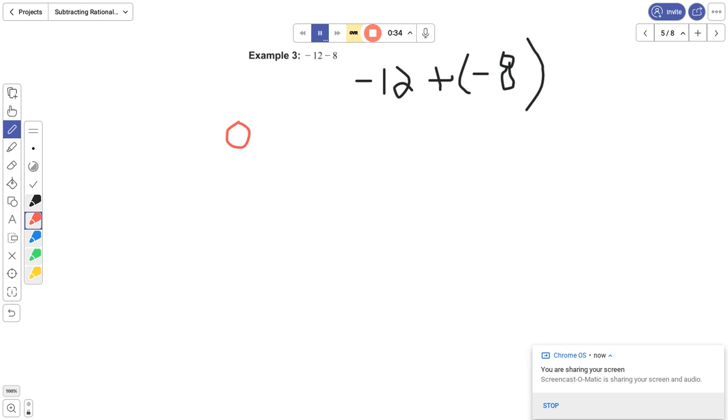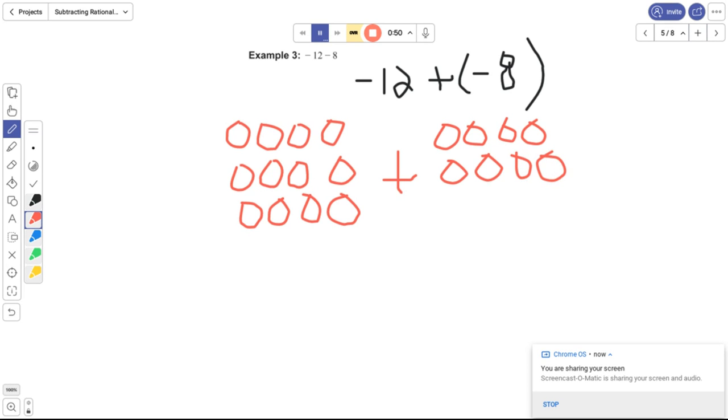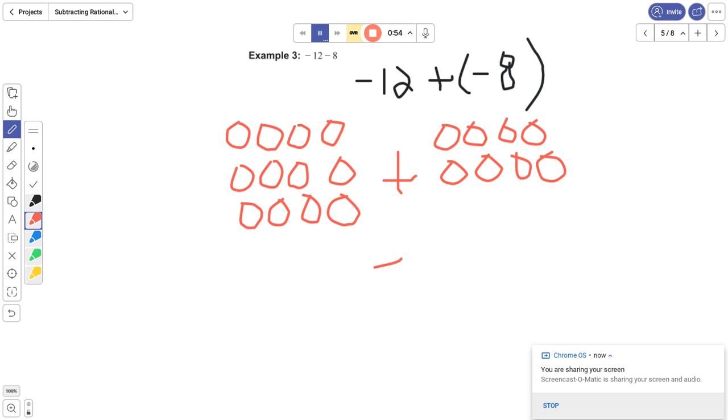I'm going to start by drawing 12 negative chips. And I'm going to add 8 more negative chips. And together, if I count all the chips, I have a total of negative 20 chips. A quick way to do a problem like this is to say, well, 12 plus 8 is 20, and I keep this sign because I'm adding 2 negative numbers. The answer is negative 20.